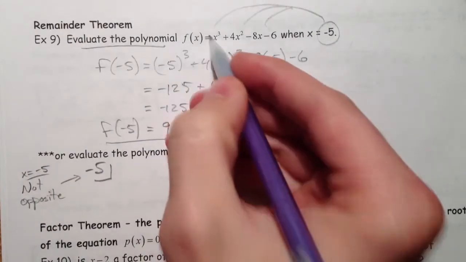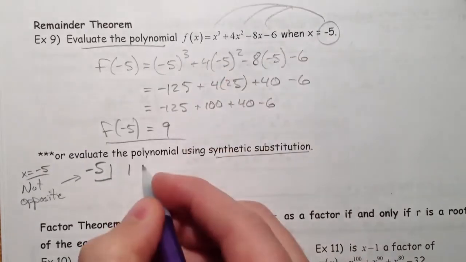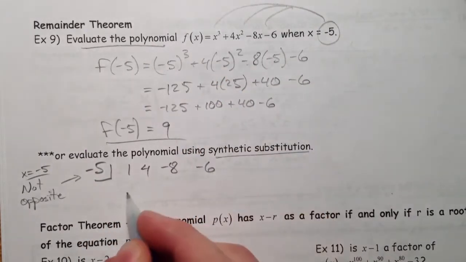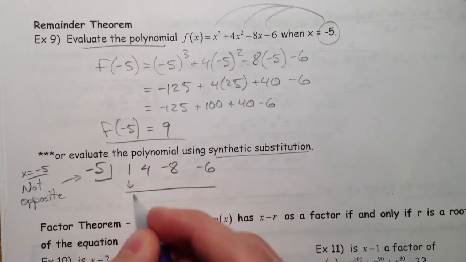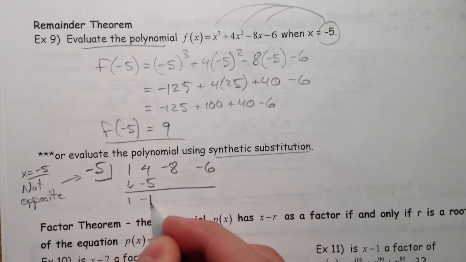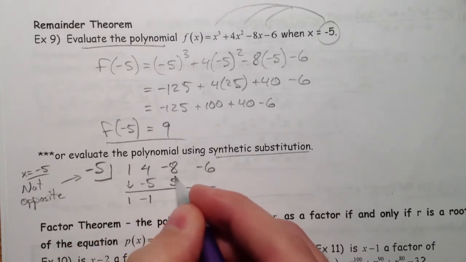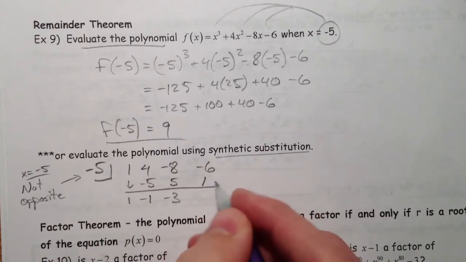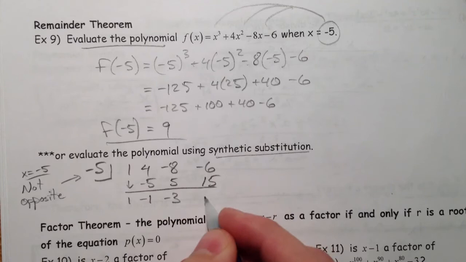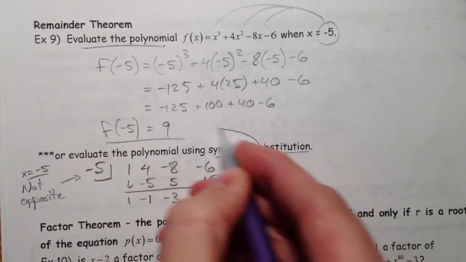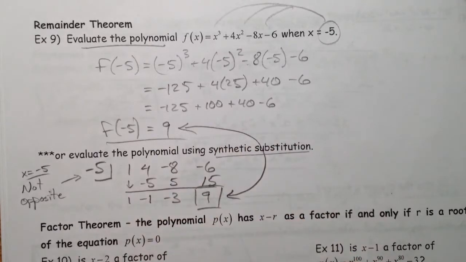And so then we're taking the 1, we're taking the 4, we're taking the negative 8, and we're taking the negative 6. Drop the 1 down. 1. Negative 5. Add negative 1 times 5. Negative 3. Negative 3 is 15. 15 minus 6, or negative 6 plus 15 is 9. Notice, 9 and 9. That is the remainder theorem.